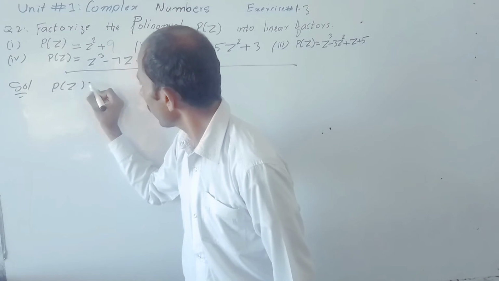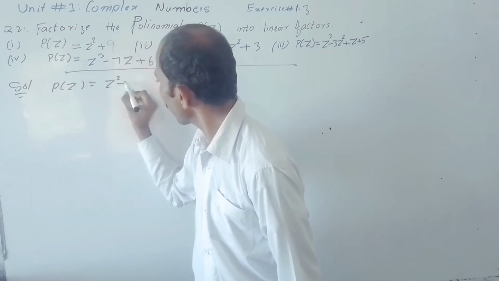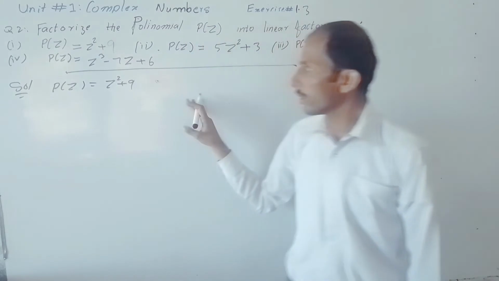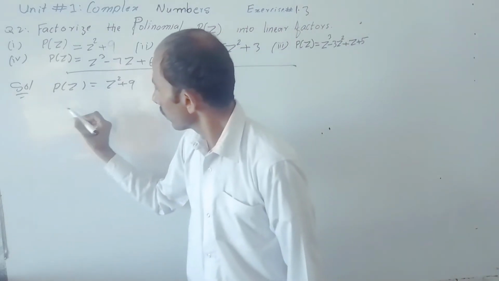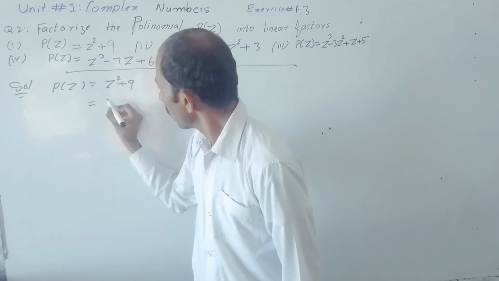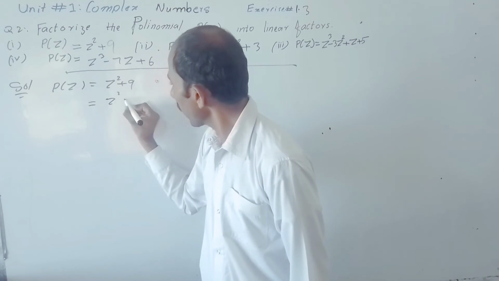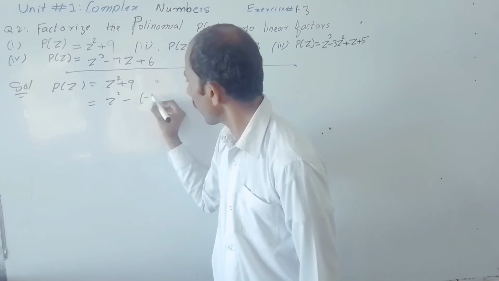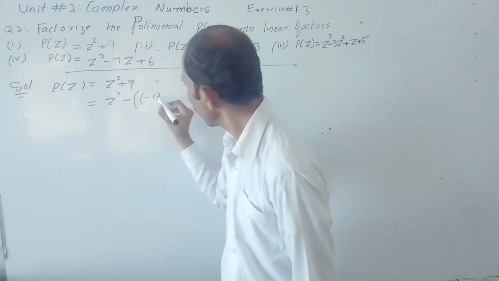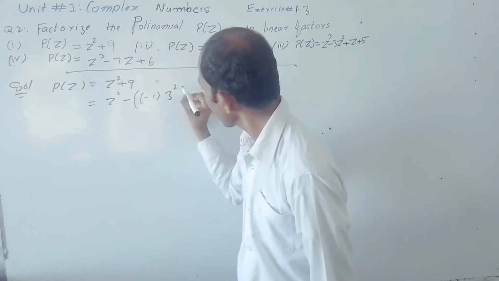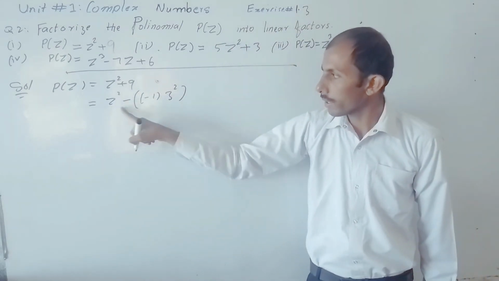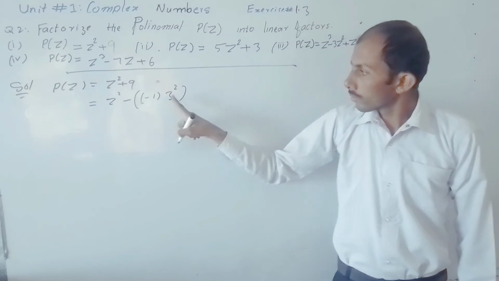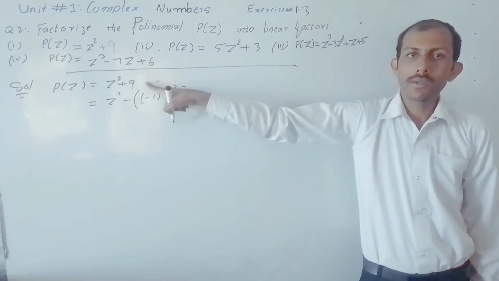p of z is equal to z square plus 9. So next, z square minus into minus 1 into 3 square can also be written in this form. So minus multiply on both sides, 3 square is equal to 9.